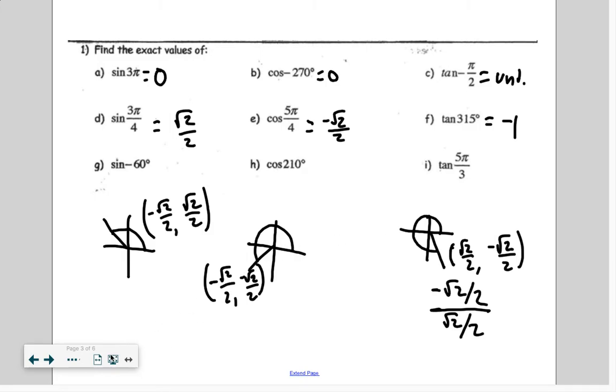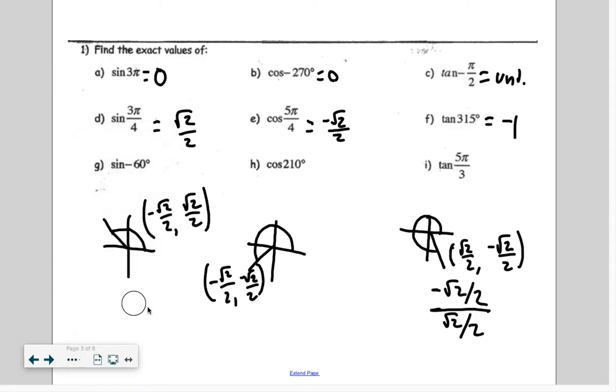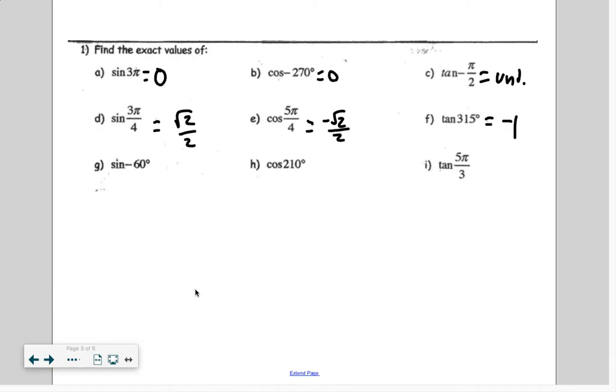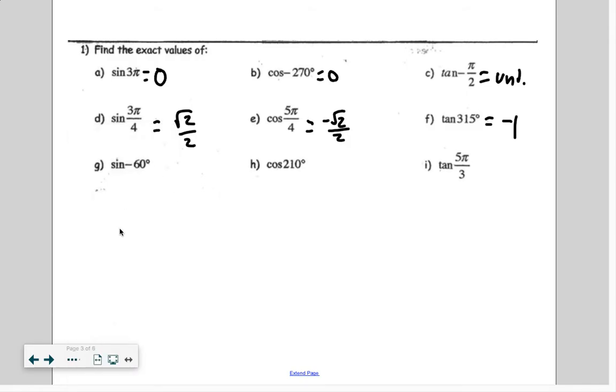Okay. Next, we're going to be working with 30, 60, 90 triangles. So sine of negative 60, and because of 30, 60, 90s, there's two scenarios, either you're working with 60 or you're working with 30.